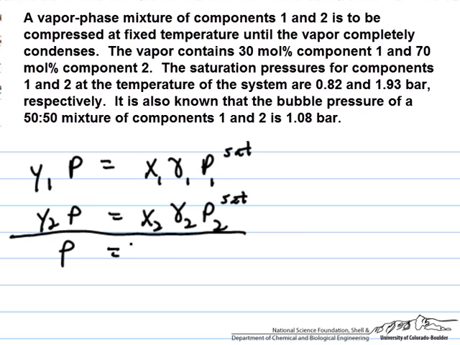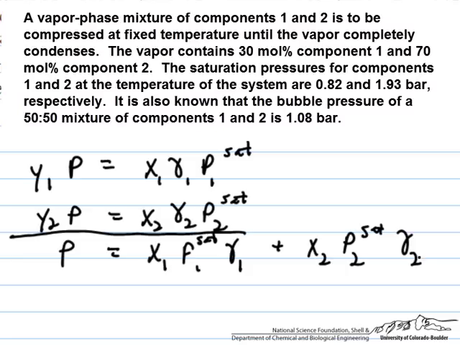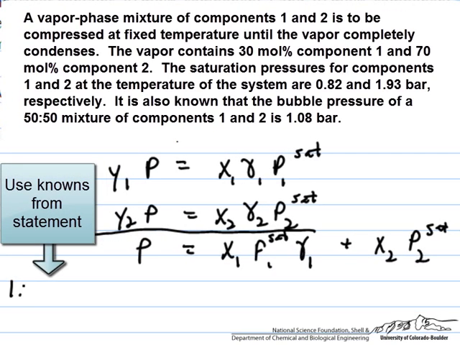Right, and that will be equal to x1 times P1 sat times the activity coefficient for component 1 plus x2, so saturation pressure for component 2, times the activity coefficient for component 2. All right, and we have values for all of these, so we know what the bubble pressure is, and the bubble pressure is 1.08 bar.